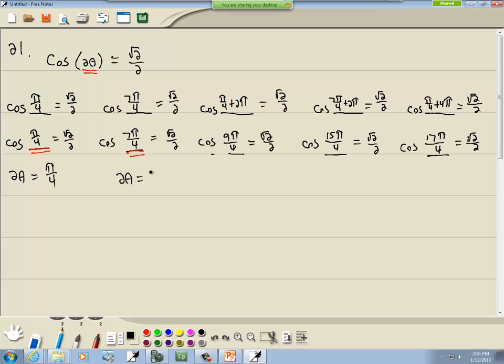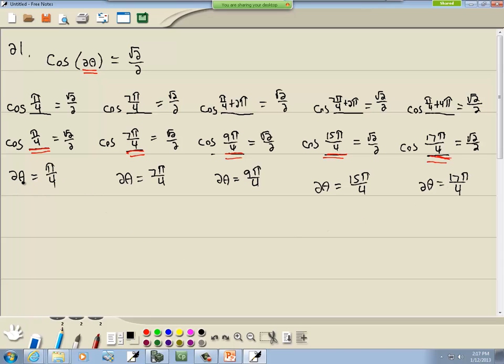So 2 theta is equal to 7 pi over 4. We're going to take that 2 theta and set it equal to 9 pi over 4. We'll take the 2 theta and set it equal to 15 pi over 4. I'll go ahead and do this one too. So 2 theta is equal to 15 pi over 4, and 2 theta is equal to 17 pi over 4.